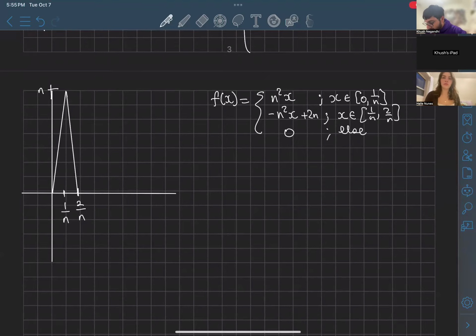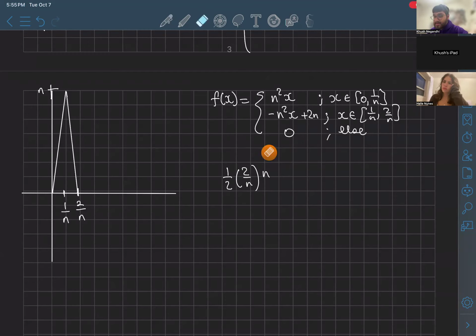So the area of this triangle is 1/2 times the base. The base is 2 over 2 times n, and then the height is n. So okay, in this case the limiting function is fine.